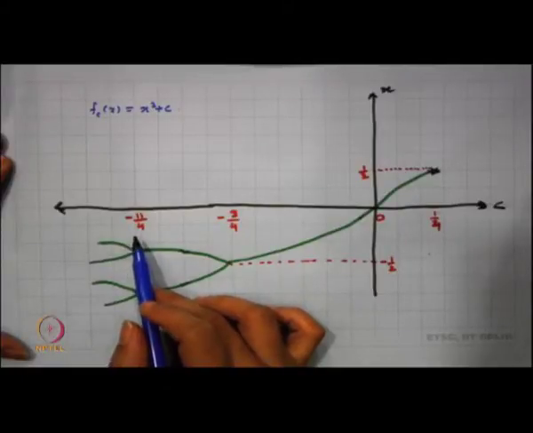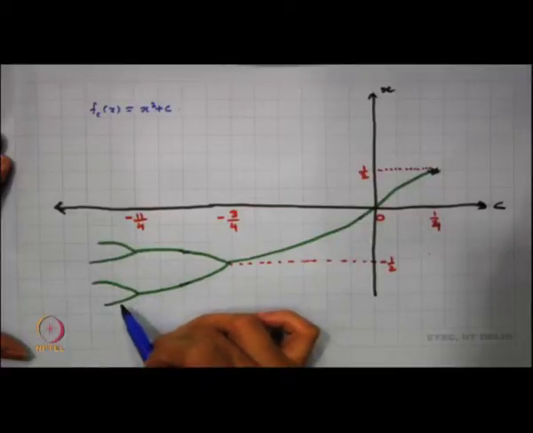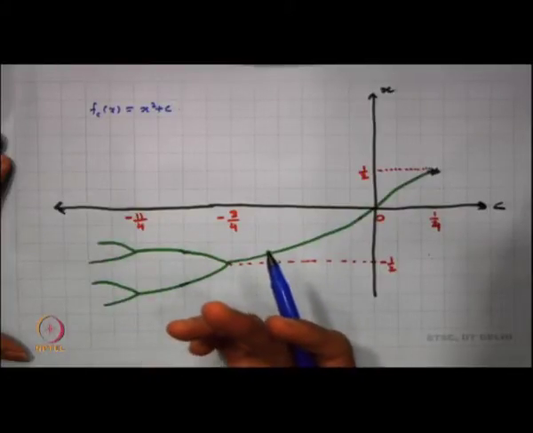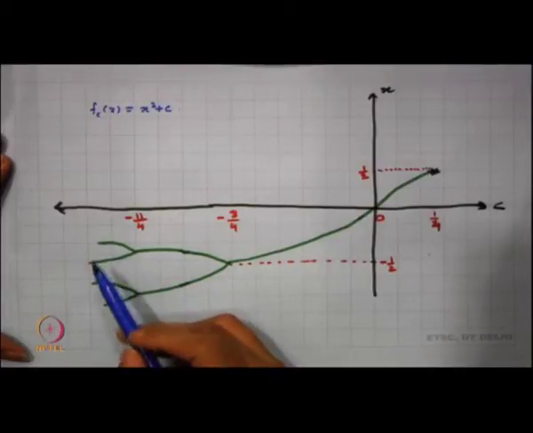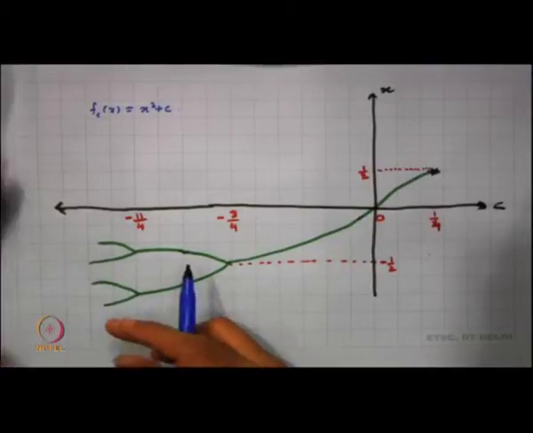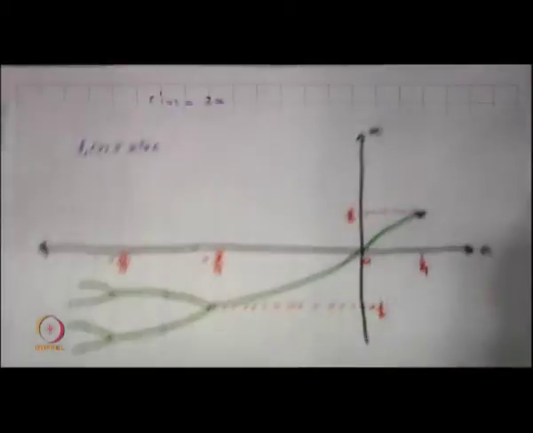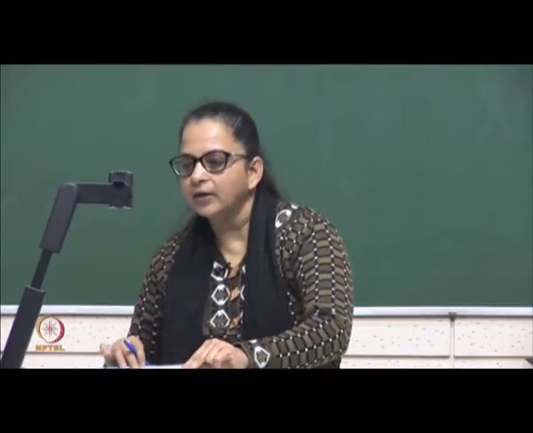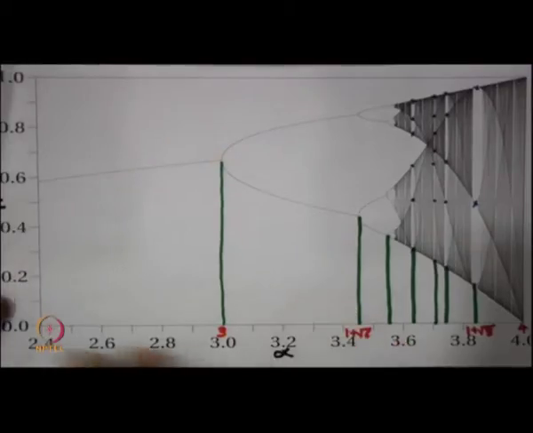Once it crosses that, you again find a bifurcation, because this periodic orbit of period 2 loses its attractive nature, it becomes repelling, and then another periodic orbit of period 4 comes into the picture. If we look into this further, we get exactly the same kind of figure that we had seen for the logistic map.